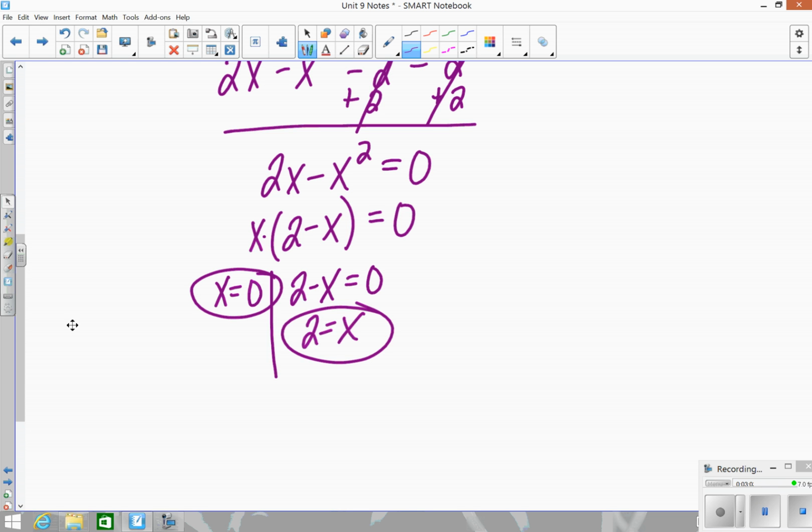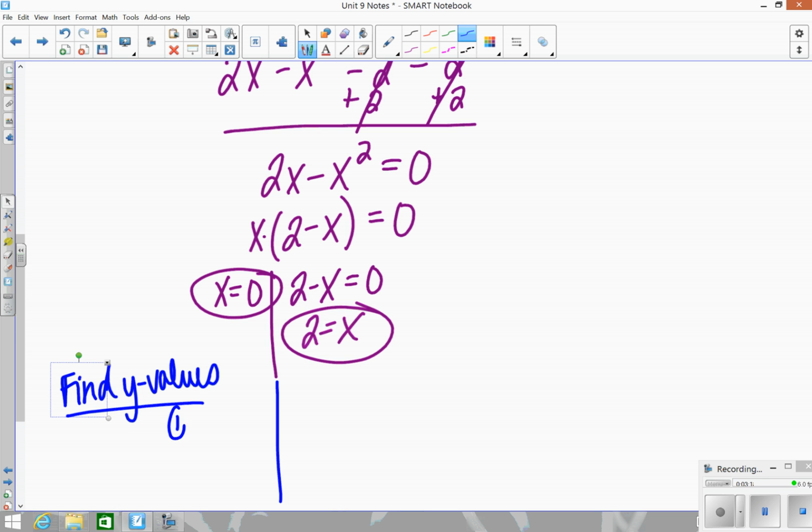Now we have to find the y values that correspond to these x values. So basically, when x equals 0, I have to figure out y.